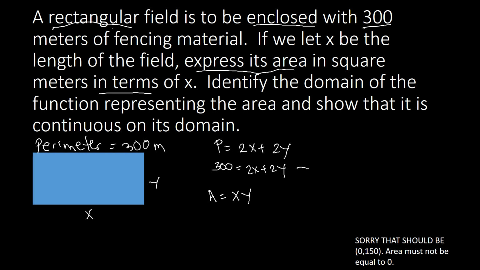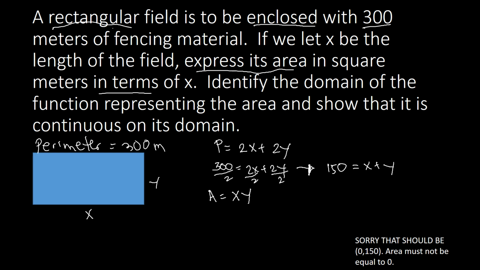From the perimeter equation, we are going to solve for y. Noticing that everything here is divisible by 2, we divide by 2 to simplify our equation. So 300 divided by 2 is 150, and that will be equal to x plus y.